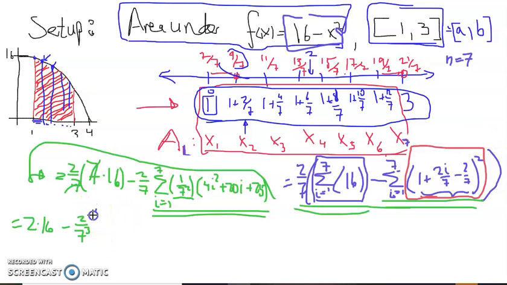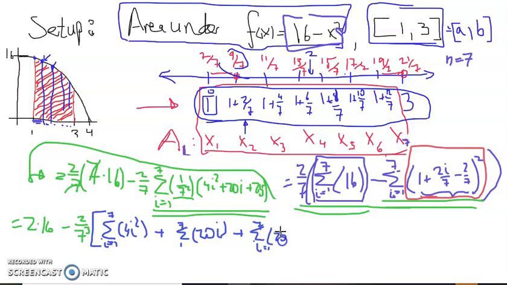So here we get to the sum from i equals 1 to 7 of 4i squared plus the sum from 1 to 7, you guys know that it's an i equals, of 20i plus the sum from i equals 1 to 7 of 25.